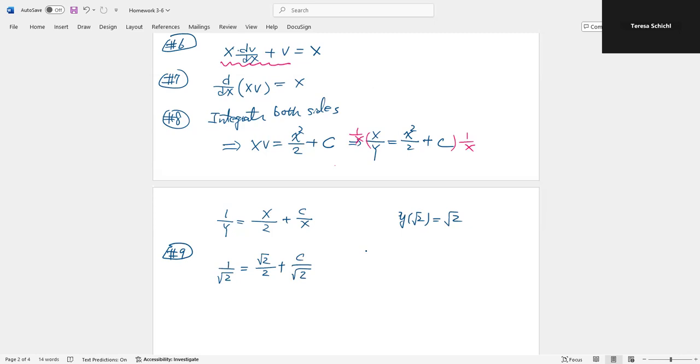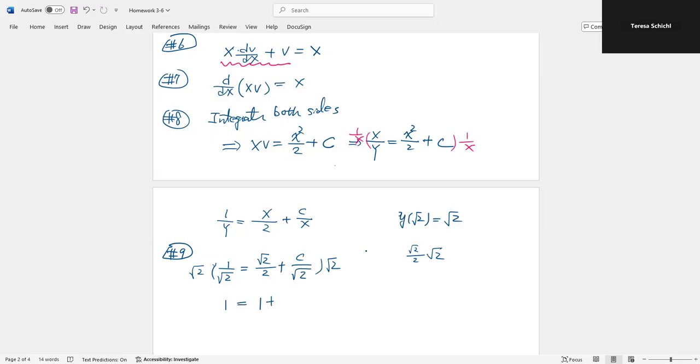Now let's try to solve for c. In order to solve for c, I will multiply by square root of 2 on both sides here. So this will be 1 equal to square root of 2 over 2 times square root of 2, which is 1, plus c.